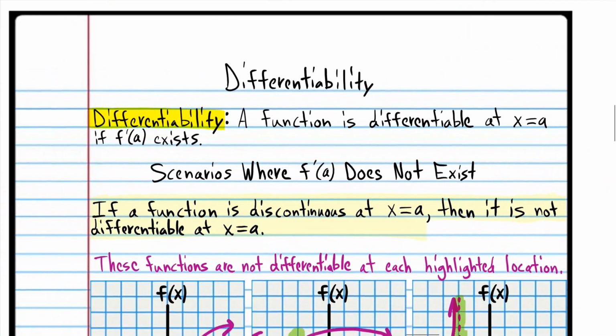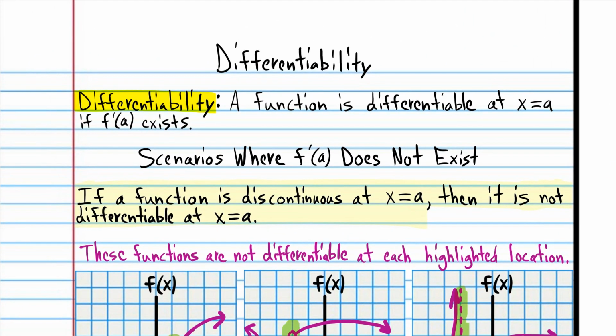But now we're going to learn something called differentiability. Differentiability is simply the ability to find a value for the derivative at some x value. A function is differentiable at x equals some value if f prime of a exists.